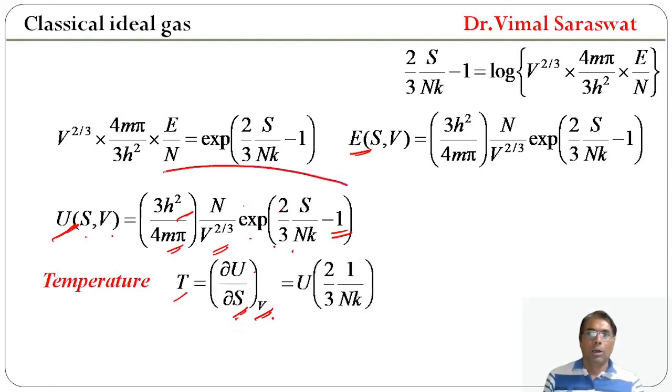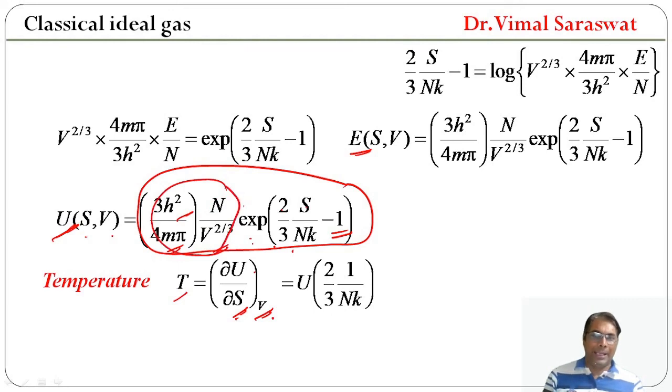So to differentiate this term with respect to entropy, this term will be constant and e^x is e^x, so we get this whole term. Now we differentiate the exponent with respect to S, giving 2/3 times 1/Nk.